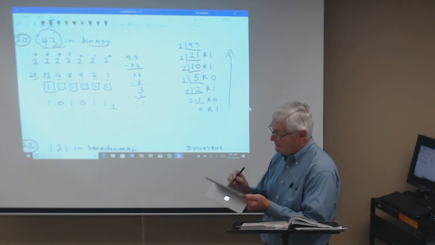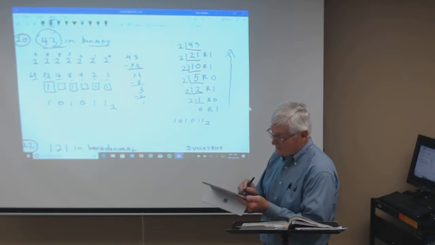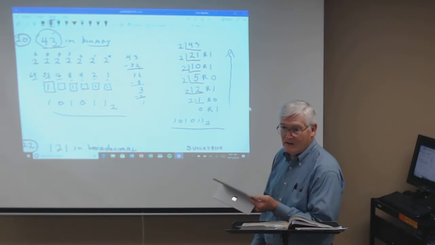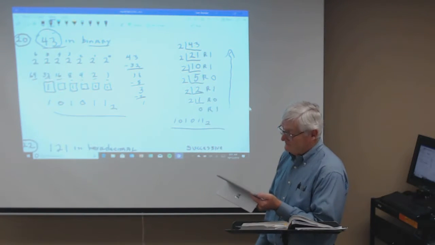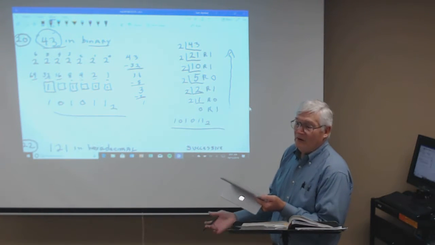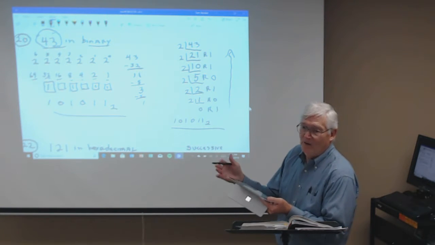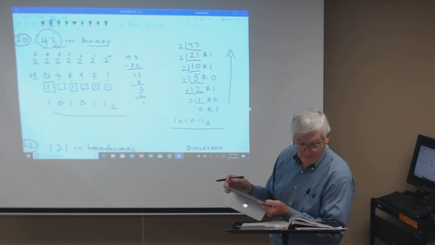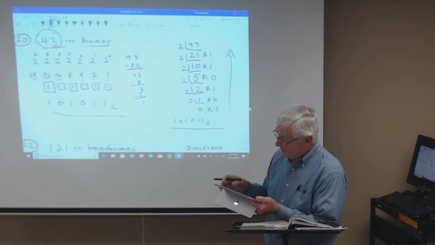And what's the answer? 1, 0, 1, 0, 1, 1 in the base 2. Do those two answers look like they match? So you can pick your method if you want. You decide which way works best for you in terms of doing the homework, because you got a whole bunch of problems to work.